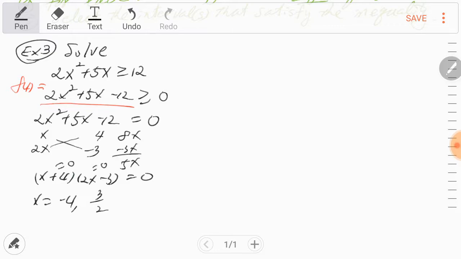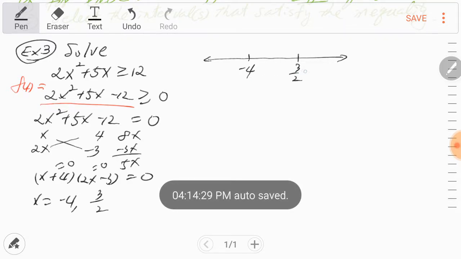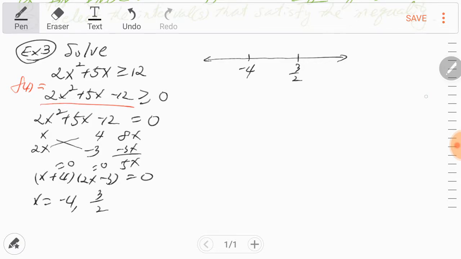So we have two x values. And these are the what? X-intercepts. So on the number line, plot these two numbers. So negative 4 goes to the left, 3 over 2 on the right. So now we have three intervals. One is less than negative 4, and then between negative 4 and 3 over 2, and greater than 3 over 2.